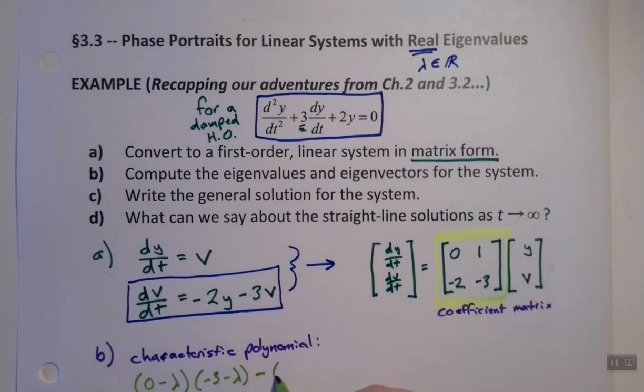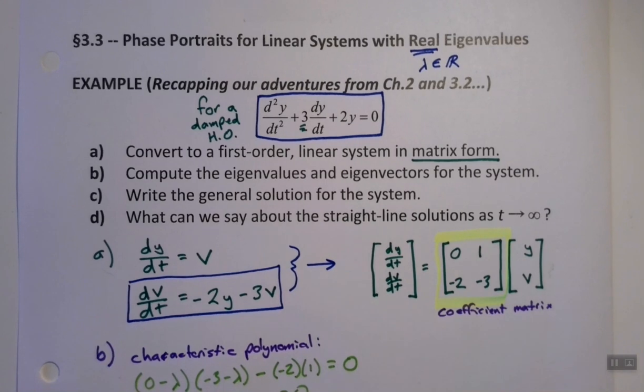So minus negative 2 times 1. And that's got to be equal to 0. And if we play our cards right and expand this out with a little bit of algebra, we get lambda squared plus 3 lambda plus 2 after some condensing equals 0. That is what we would call our characteristic polynomial.